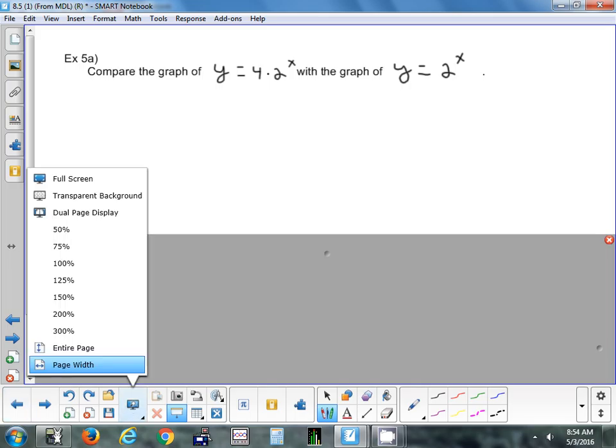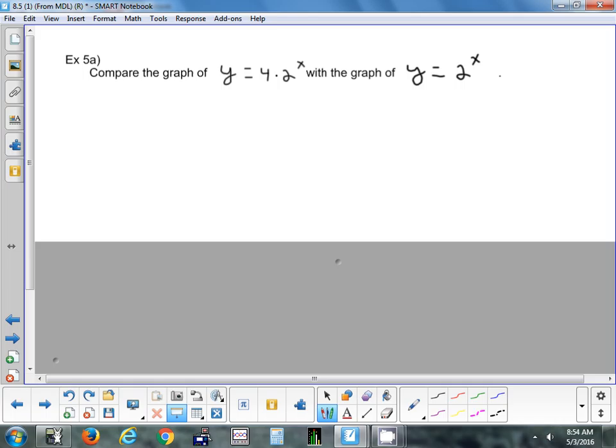Example 5a says, I'd like you to compare the graph of y equals 4 times 2 to the x with the graph of y equals 2 to the x. So if you compare these, everything is the same except one number. What's the only thing that's different between these two?